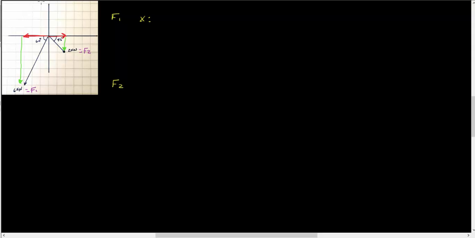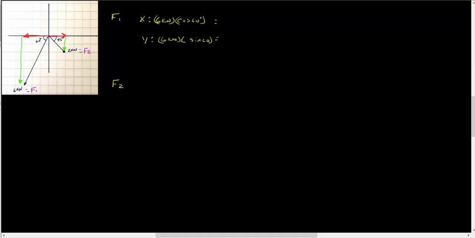So for F1 x, that's this red one right here, I'm going to say that's going to be 6 kilonewtons times, now that's going to be adjacent, so that's going to be cosine of 60 degrees. My y component then would be 6 kilonewtons times the sine of 60 degrees.